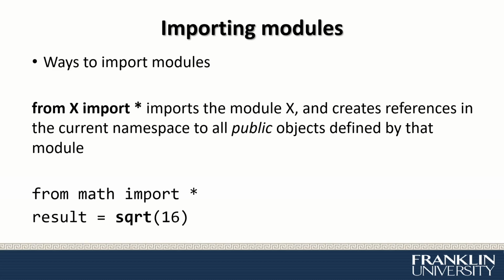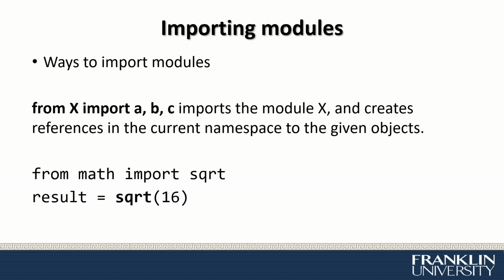If you do from X import star, for example, from math import star, it will import everything in the math module. And notice that I do not need to use math dot in order to call the square root now. Everything in the math module becomes a public global object in your current file.